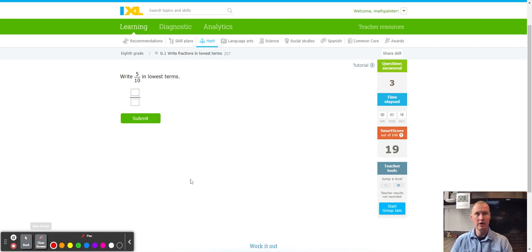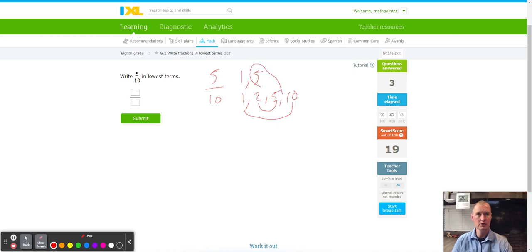We got ourselves another problem: 5 over 10. The values that go into 5 are 1 and 5, so 1 times 5. And the values that go into 10 are 1, 2, 5, and 10, because 1 times 10 is 10, and 2 times 5 is also 10.